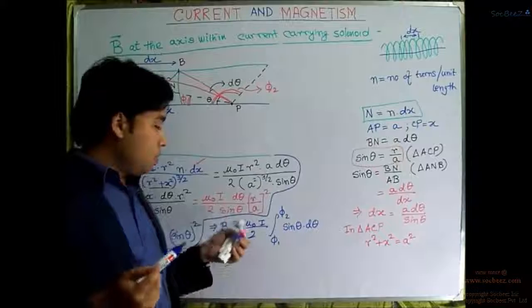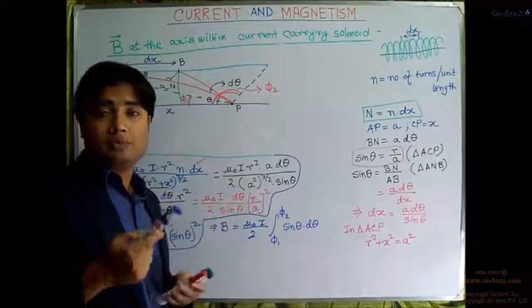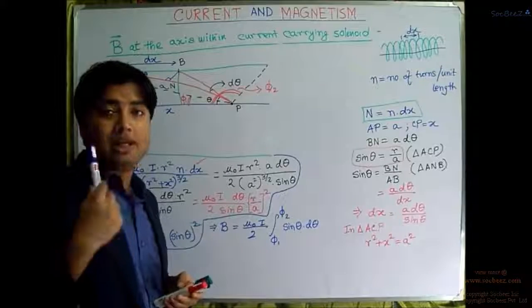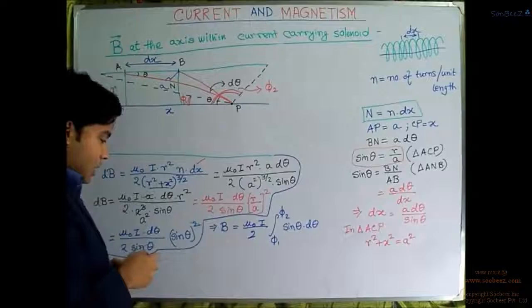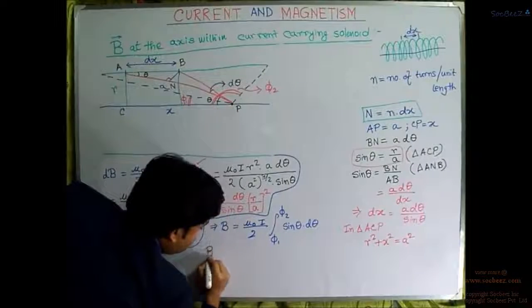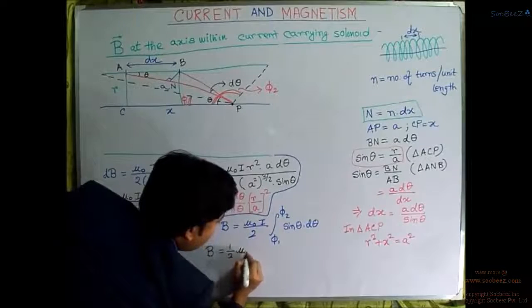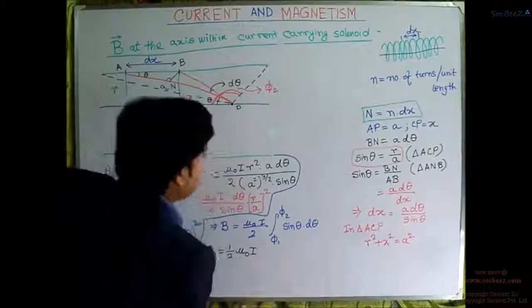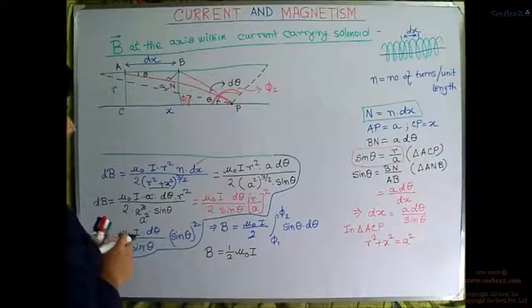Now, from the laws of integration, we know that the integration of sine x with respect to dx gives us the value of minus cos x. So now we can write that B will be equal to half mu naught I, right? Okay, now let us see over here.